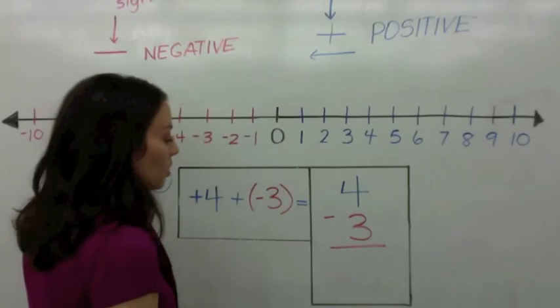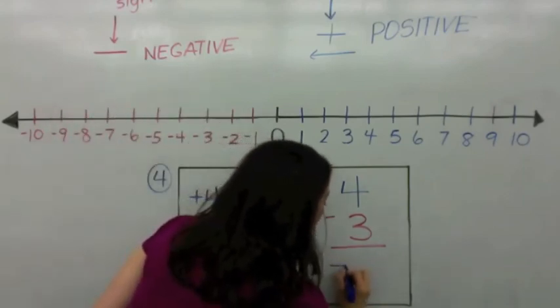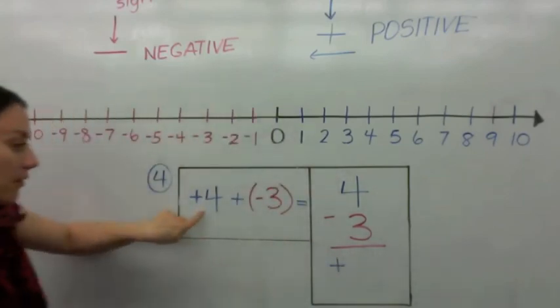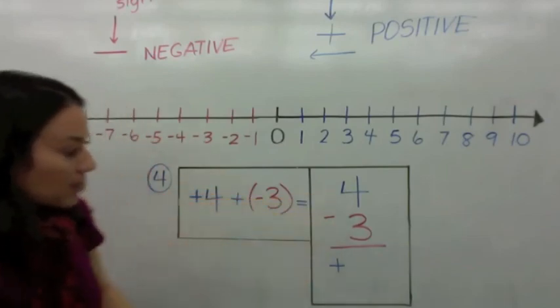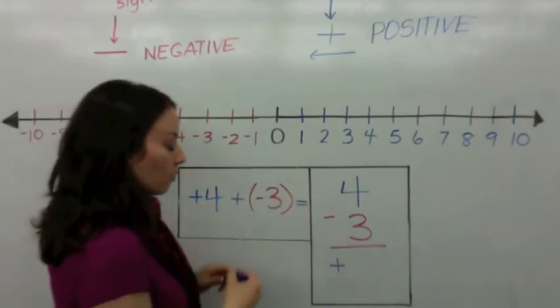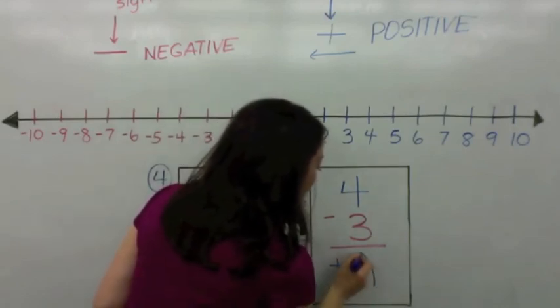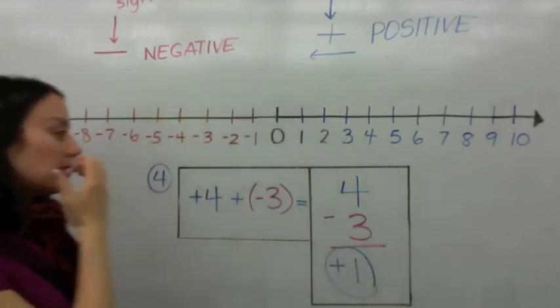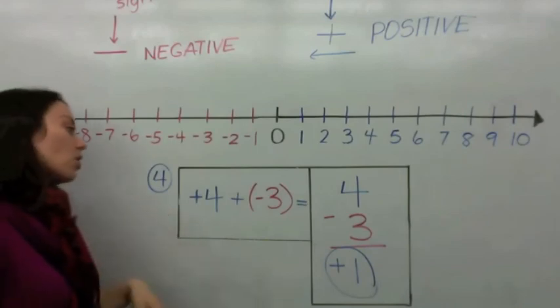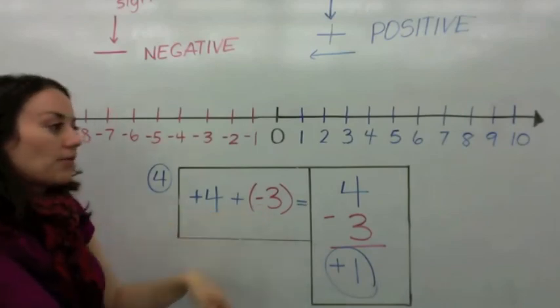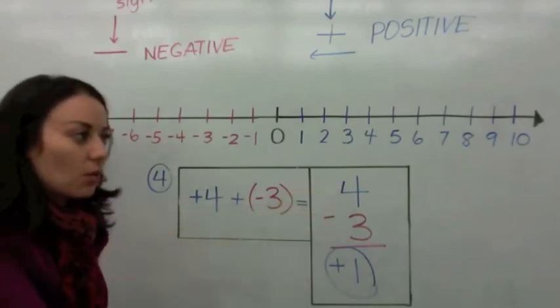It's positive. So the answer is going to be positive because we're going to keep the sign of the higher number. But we're going to subtract. What is 4 take away 3? Well, we know it's 4, 3, 2, 1. So this time, the answer is positive 1, because when you look at positive 4 plus a negative 3, you're actually saying 4 take away 3.